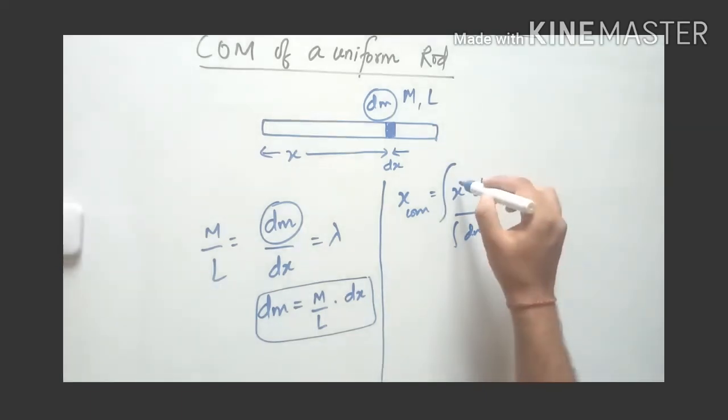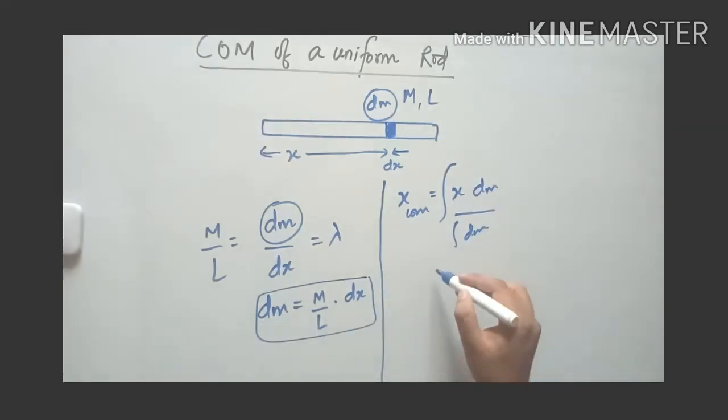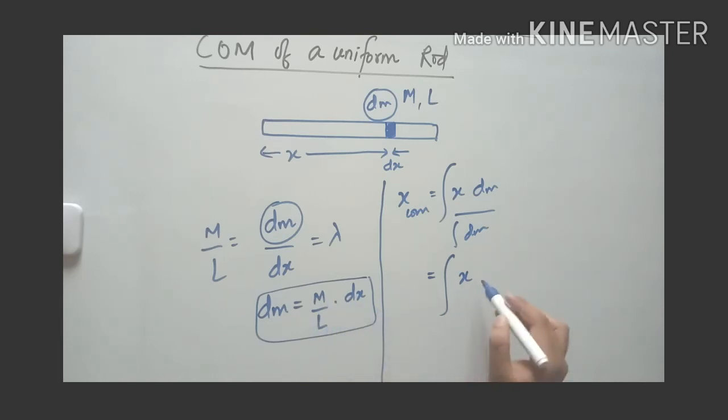So x remains as it is because we cannot replace it by anything, and dm will be replaced by m by L dx, divided by integration of m by L dx.